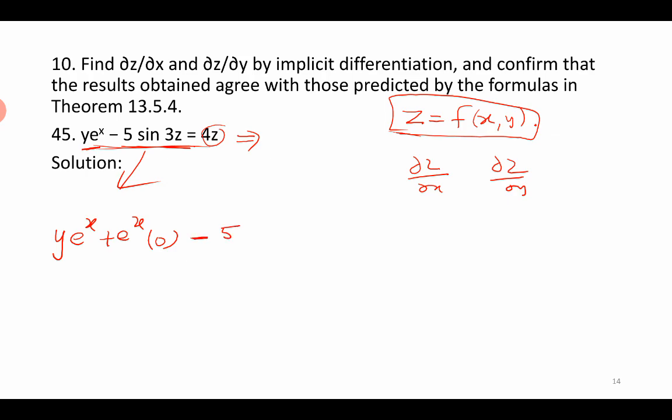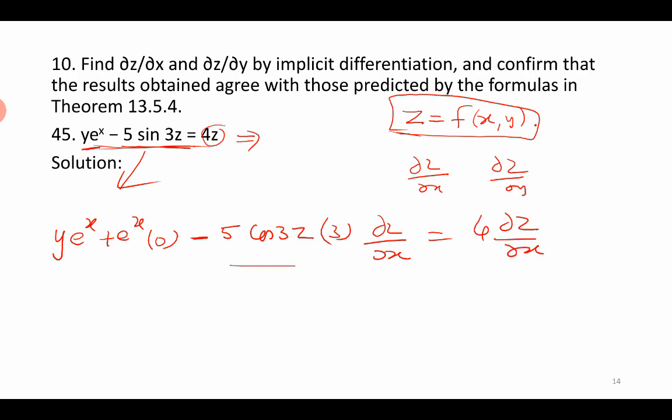Minus 5, differentiate sin 3z with respect to z, then z with respect to x, the chain rule, isn't it? It is cos 3z and then this 3, the constant, by the chain rule, then ∂z/∂x. On the right side it is 4 times ∂z/∂x.